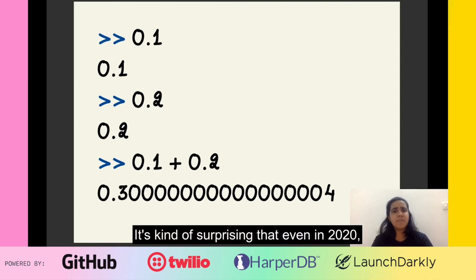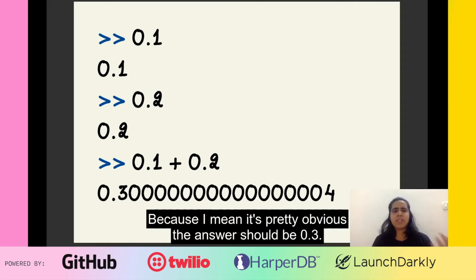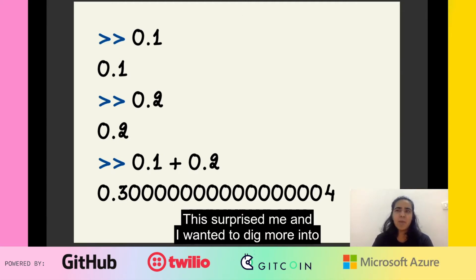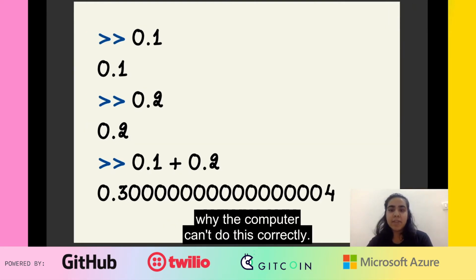It's kind of surprising that even in 2020 the computer can't add 0.1 and 0.2 right, because I mean it's pretty obvious that the answer should be 0.3. And this surprised me, and I wanted to dig more into why the computer does this.